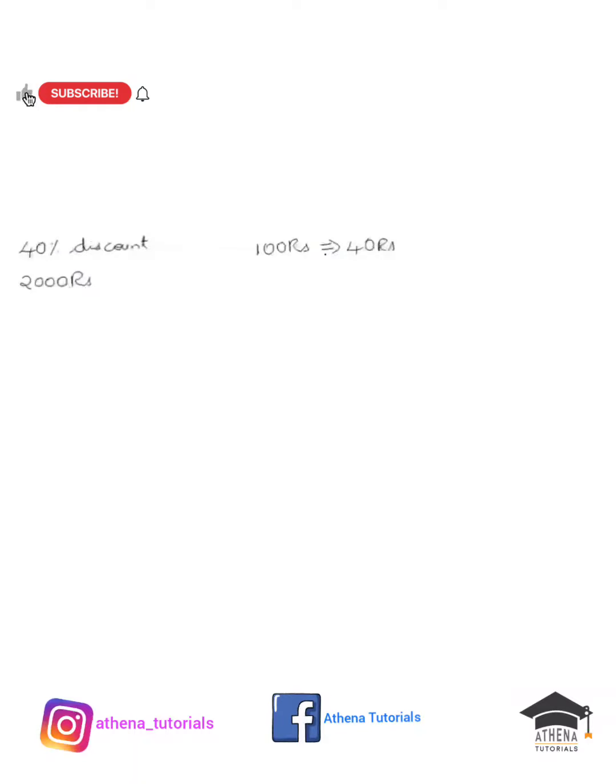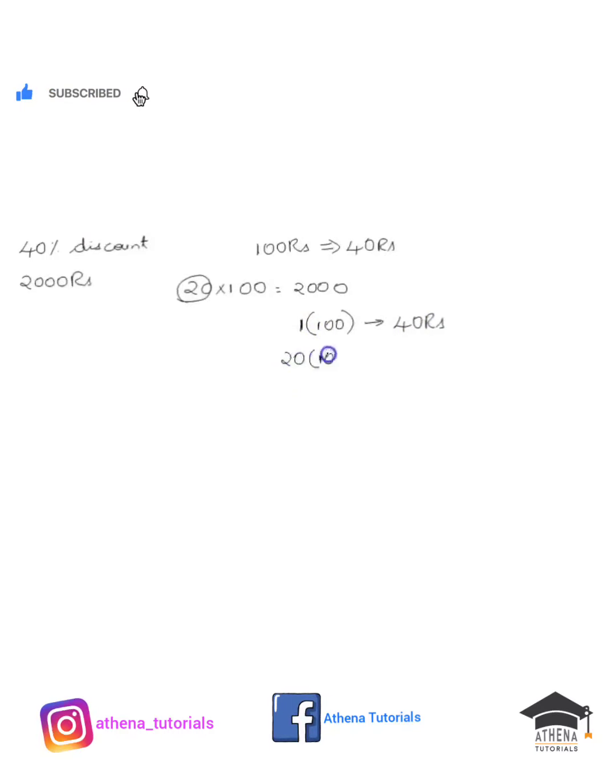So how many hundreds are there in 2000? 20 into 100 will become 2000. So there are 20 hundreds in 2000. If for every 100 there is a 40 rupees discount, then for 20 hundreds, how much will the discount value be?